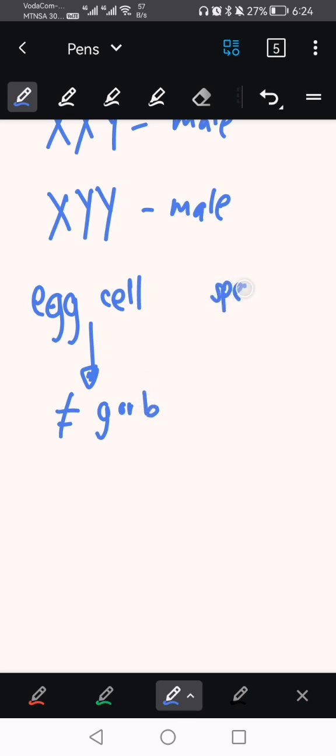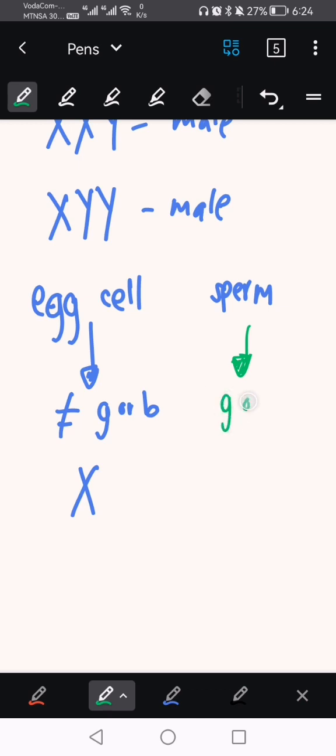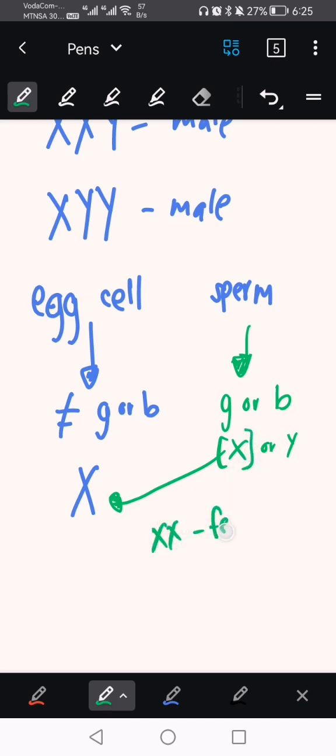Remember the egg will have the X, but it is the sperm cell that determines whether it is going to be a girl or a boy, because sperm cells are either X or Y. The egg is always X because it's female. If a sperm comes along with the X, that means it's going to be XX, which means you're going to get a female. But if the sperm with the Y comes along and fuses, it means you're going to get a male. So understand the difference.